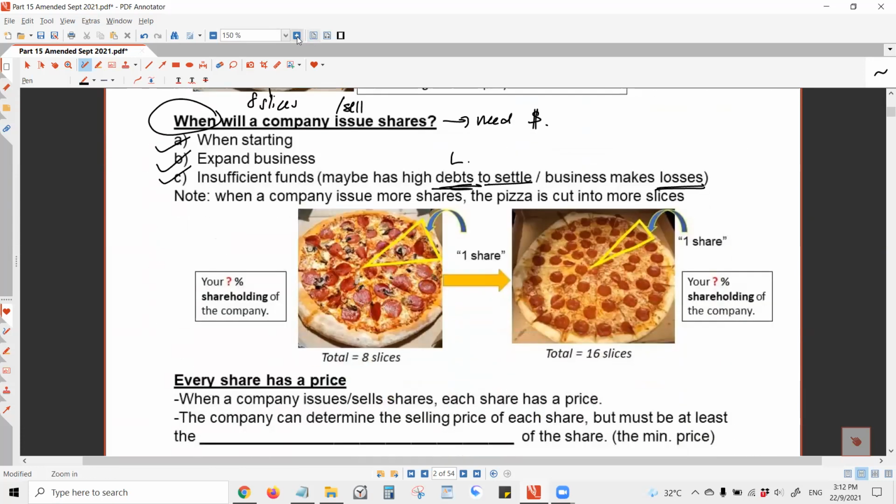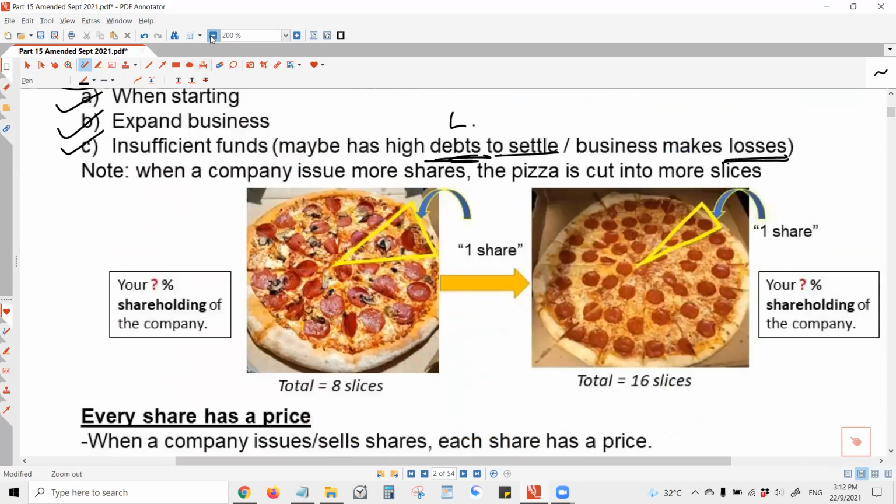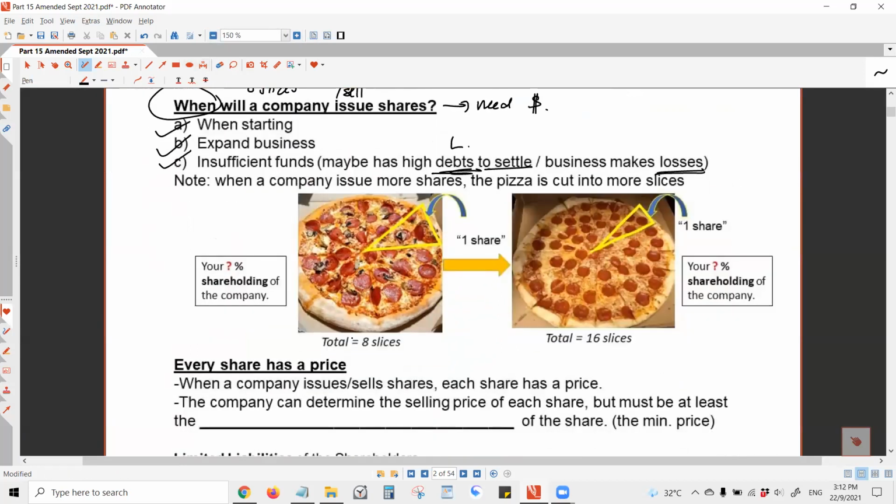Now, I want to explain about dilution of ownership. Imagine that you only own one slice of the original eight-slice pizza. So how much is your power? Power means how much you own in the company in terms of percentage.